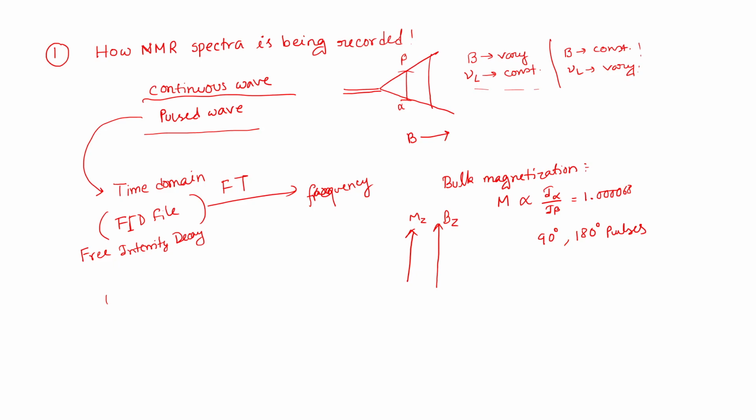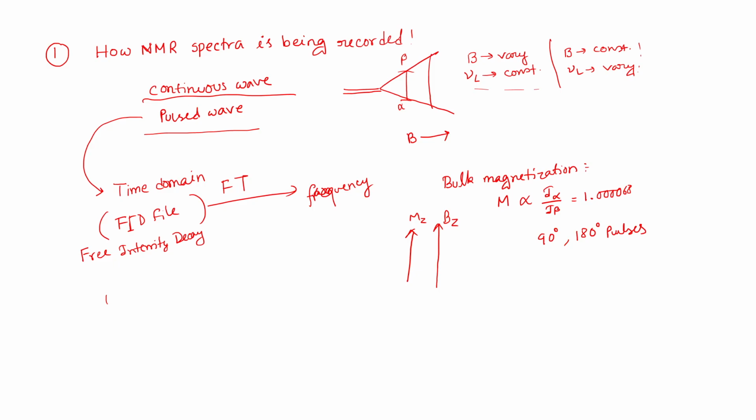Then you turn off your radio frequency, and it tries to go back to its equilibrium position using a spiral motion along the xy plane, and ultimately its z component will increase from 0 to the previous value.